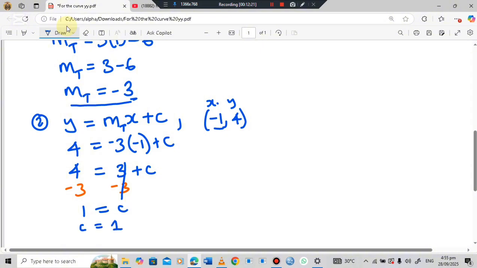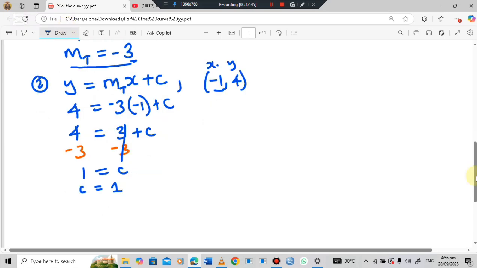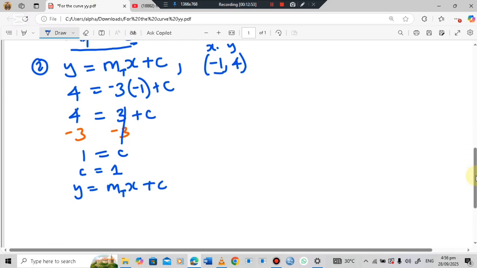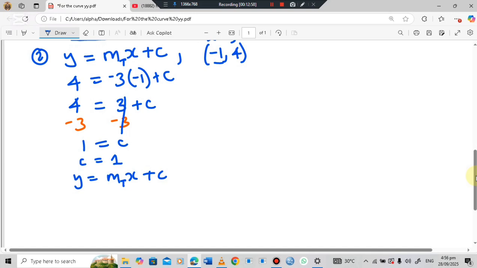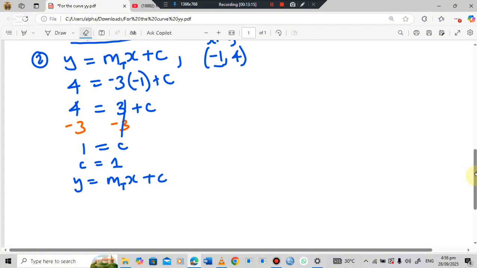So we now go back to this equation. The equation is y is equal to mt x plus c. All right, so at this point we are only going to replace the value of the gradient and the value of c to come up with the equation of the tangent.